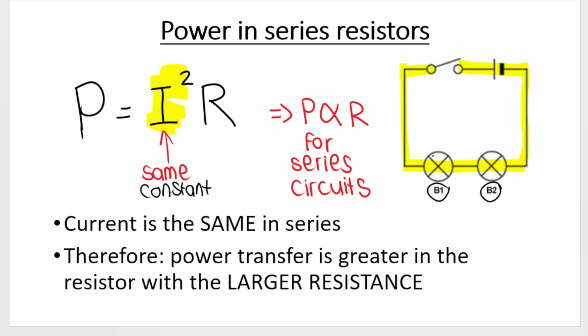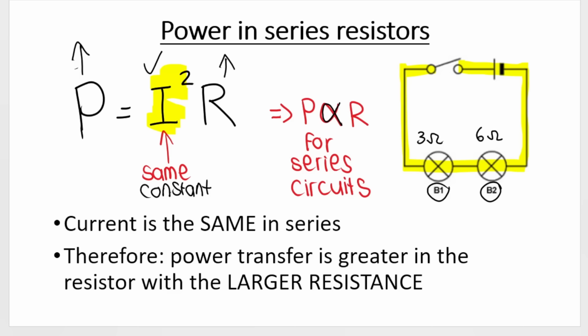However, if this one has a bigger resistance, so say that this is 3 ohms versus 6 ohms, because the current is the same for both of them, the one with the bigger resistance will have the bigger power. So resistance is directly proportional to power, or power is directly proportional to resistance for series circuits because current is the same.